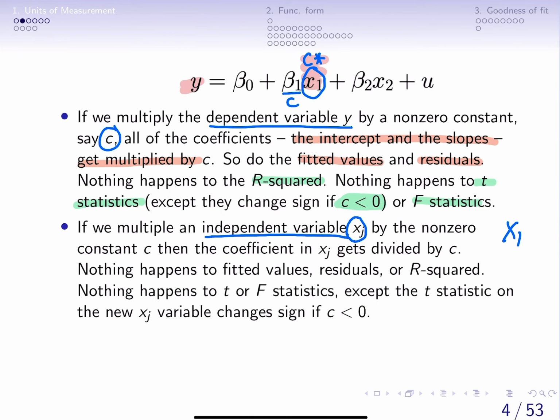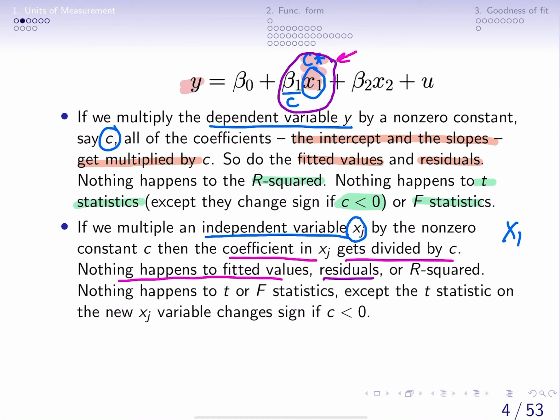So if we did this operation, the coefficient on x1 gets divided by c. Nothing happens to the fitted values, remember, because this operation is localized. It's just happening here, not changing the whole equation.